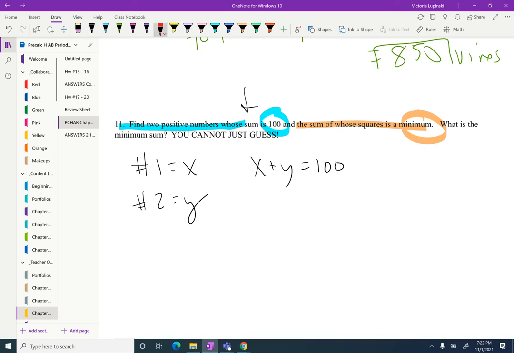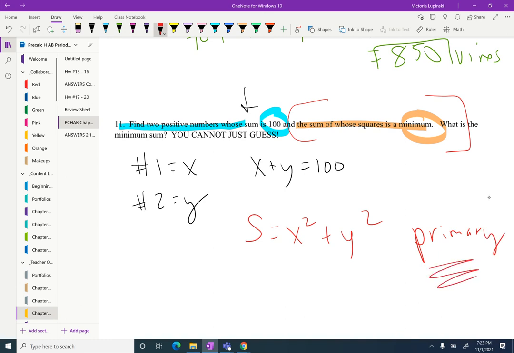Then, if the sum of their squares is what we're trying to minimize, the sum of their squares means I square x and I square y. So again, in this problem, just to reiterate some terminology from earlier in the chapter, this is what we call the primary equation.